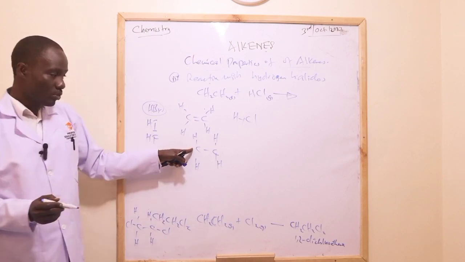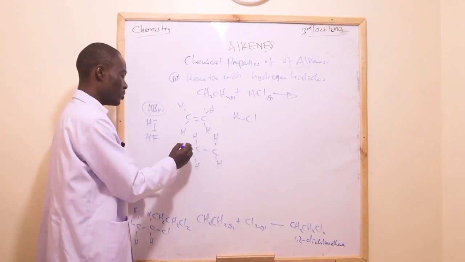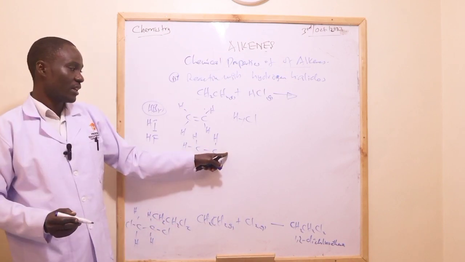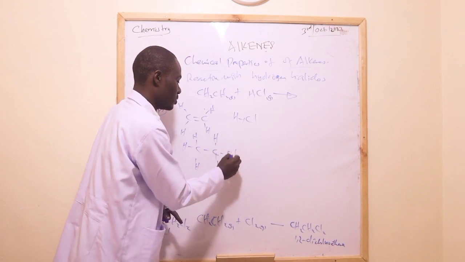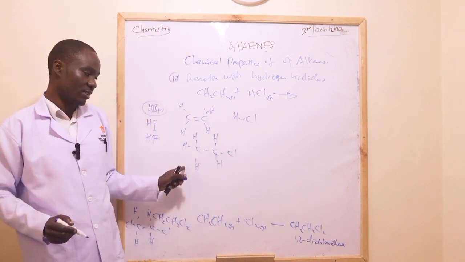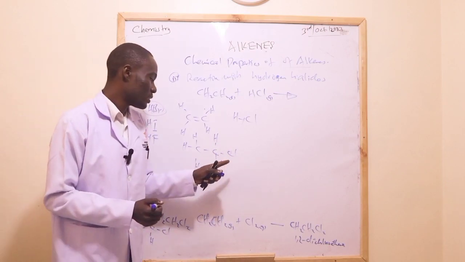In the first carbon, you can choose to attach a hydrogen. If you do so, then you attach a chlorine atom to the second carbon, or vice versa, that it forms this structure.